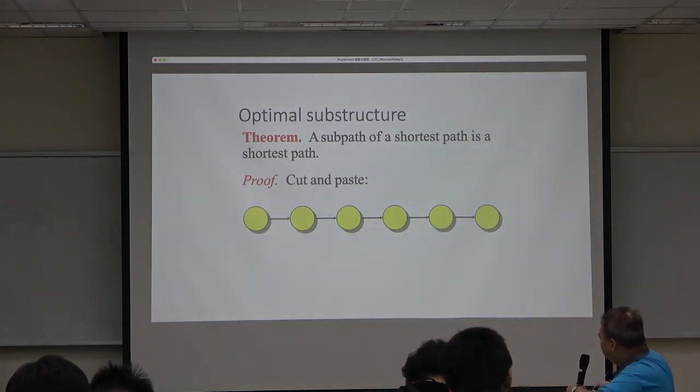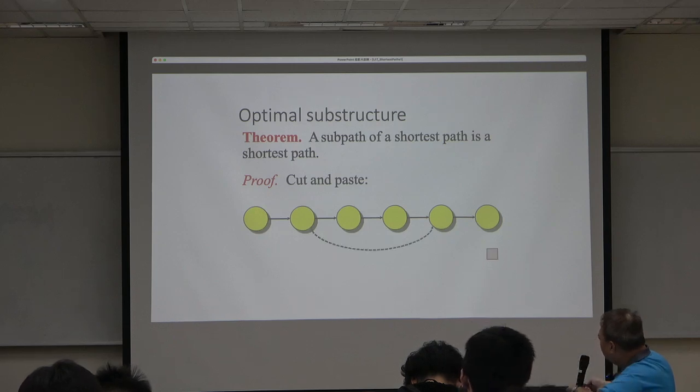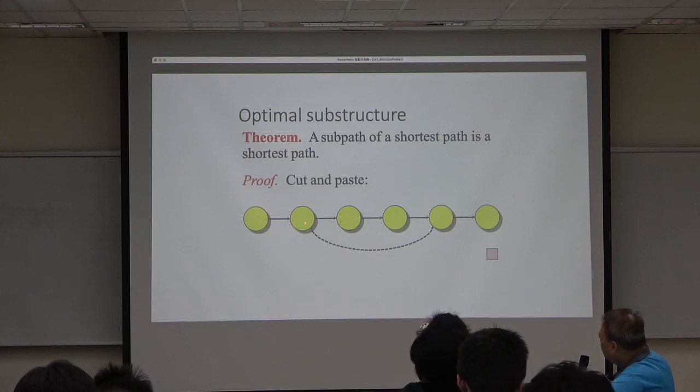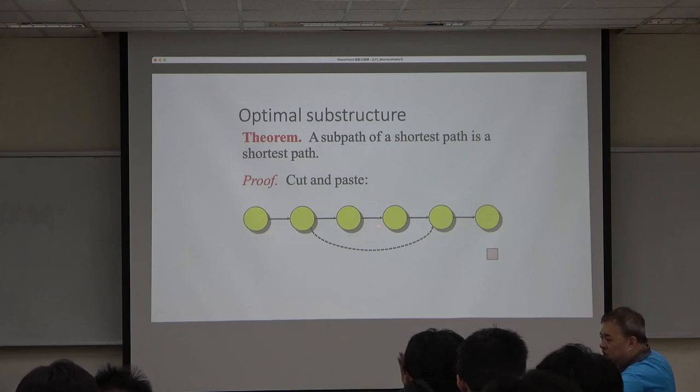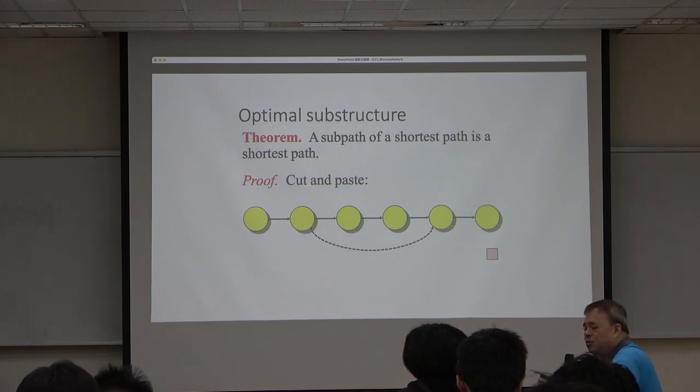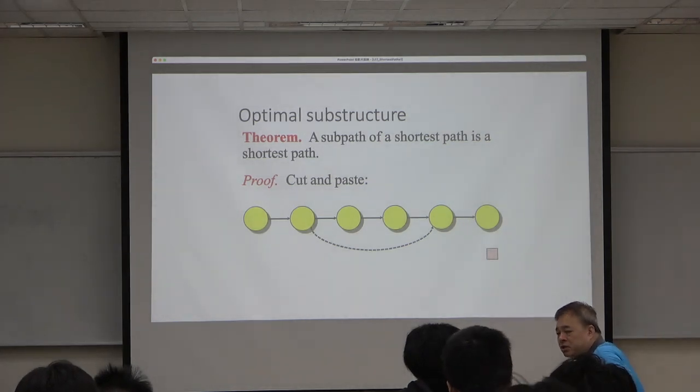And how do we prove that? Say this is the shortest path. Let's say this node is U, this node is V. Assuming this shortest path includes this subpath from U to V, we can prove by contradiction.